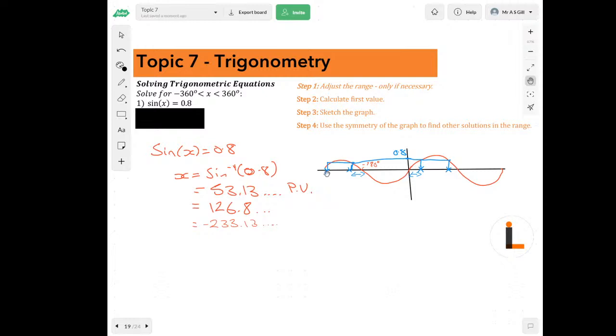And then for our final value here, again, we can use the idea of the gaps being symmetrical. The gap from here to here is 126... So the gap from here to here is also going to be 126... And again, we can do minus 180 subtract that value.